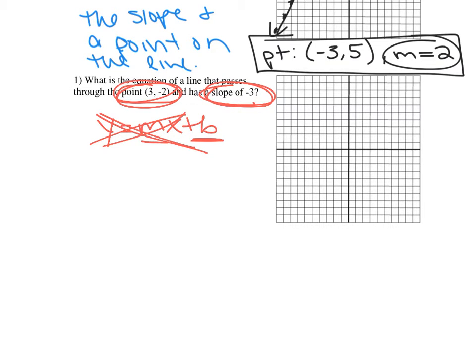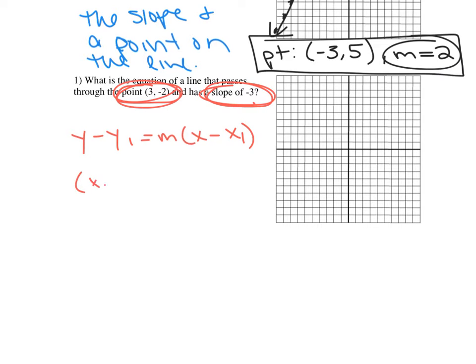That's not this equation. So we should be thinking point-slope form, which is again y minus y1 equals m times x minus x1, where x1, comma y1 is a point on the line, and m is just our slope.